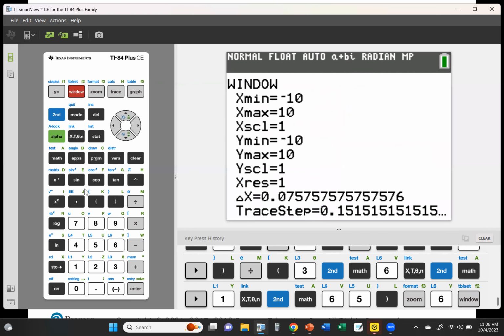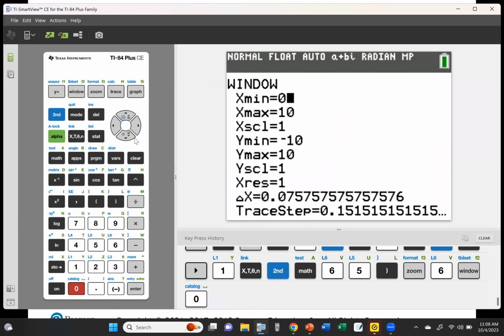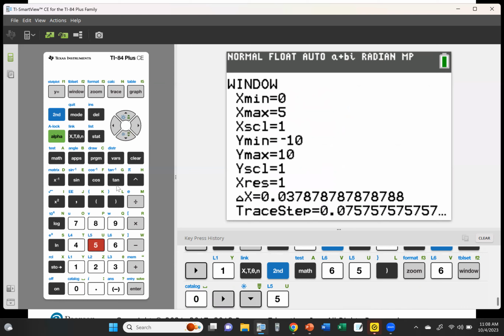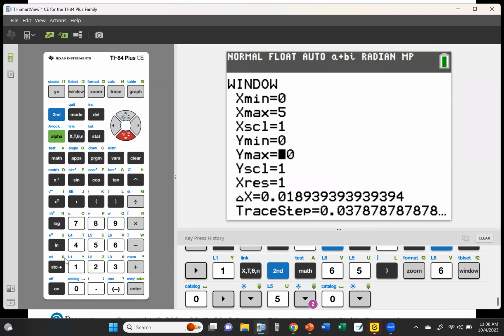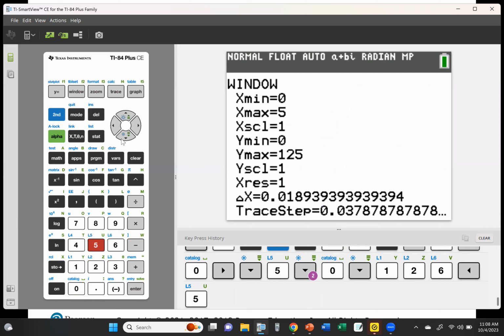So I said I adjusted it from 0 to 5, and from 0 to 125, and I did it by 25. I do believe I matched the window that they have.